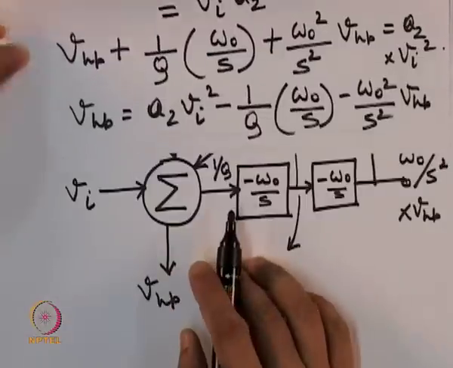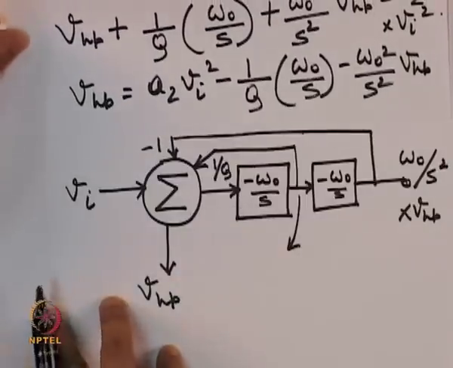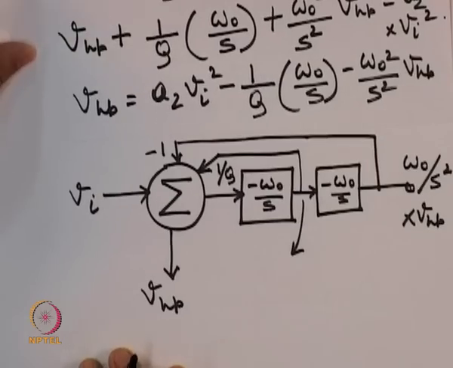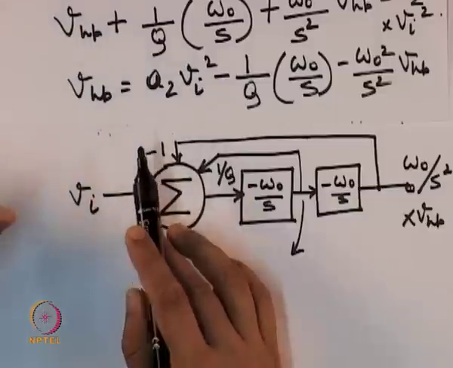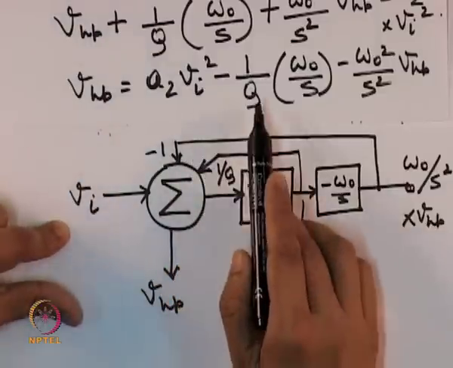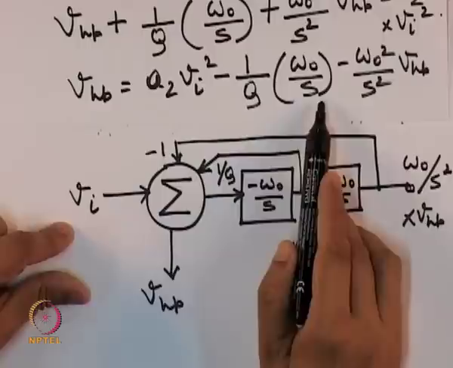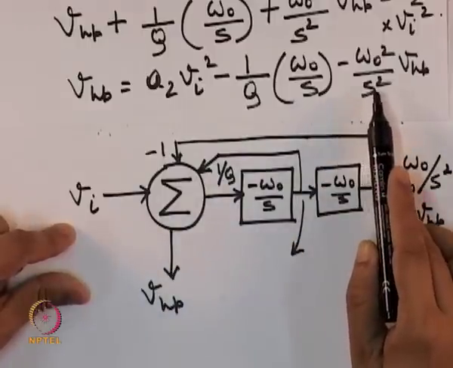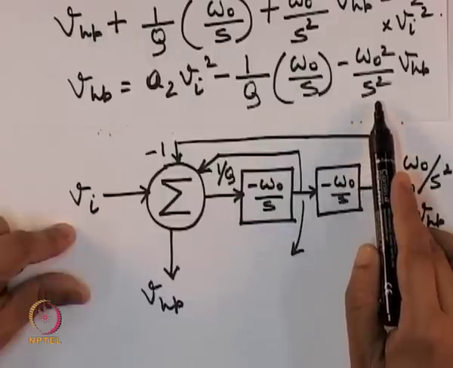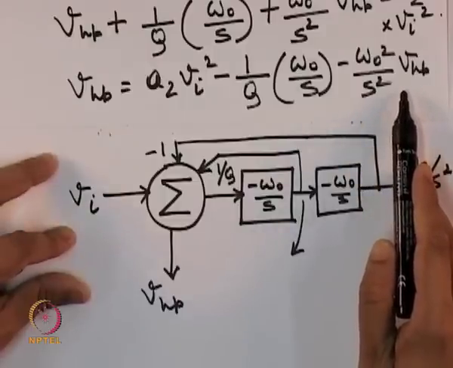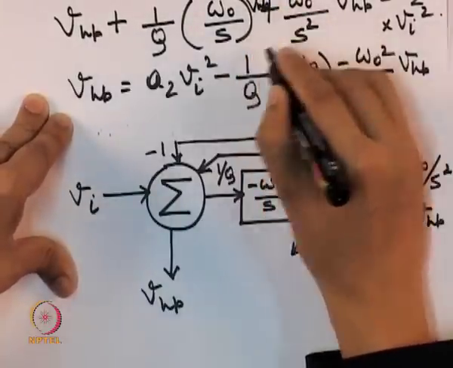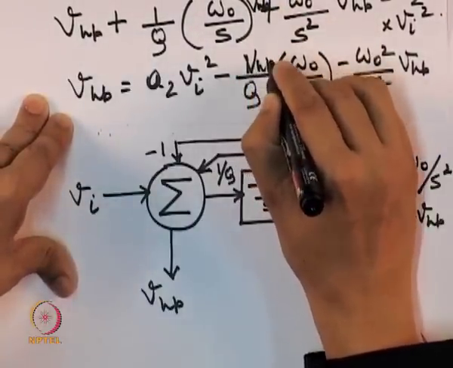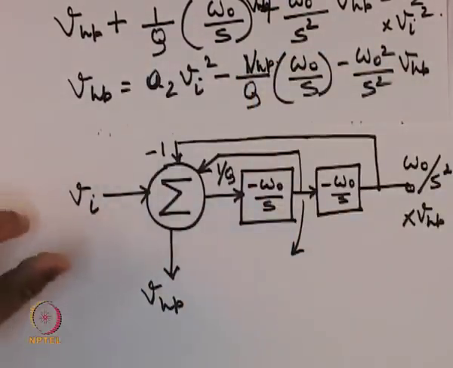Suppose I write that same equation like this, then you see that VHP is the summation of three quantities: A2 VI, minus 1 upon q omega 0 upon s VHP, and minus omega 0 square upon s square VHP. I should have a VHP there, sorry, I forgot that.